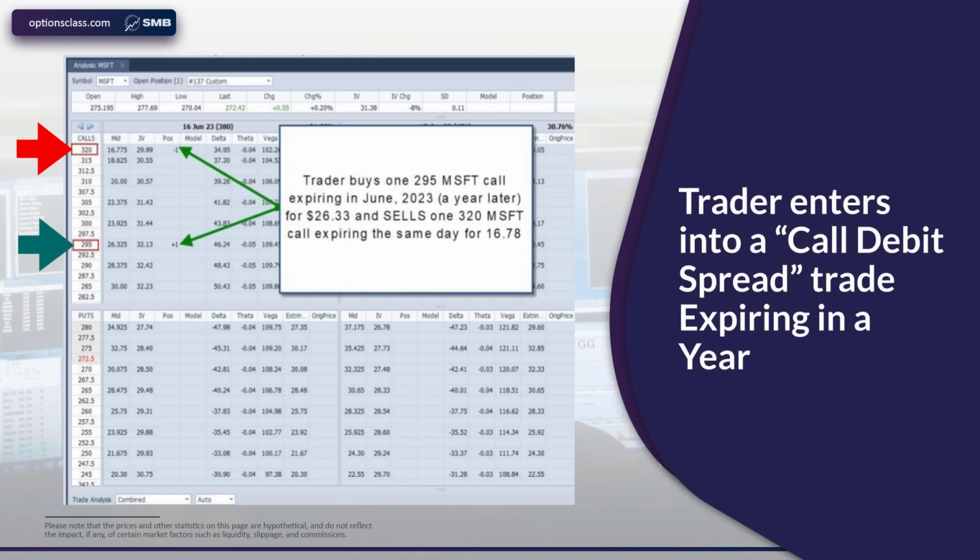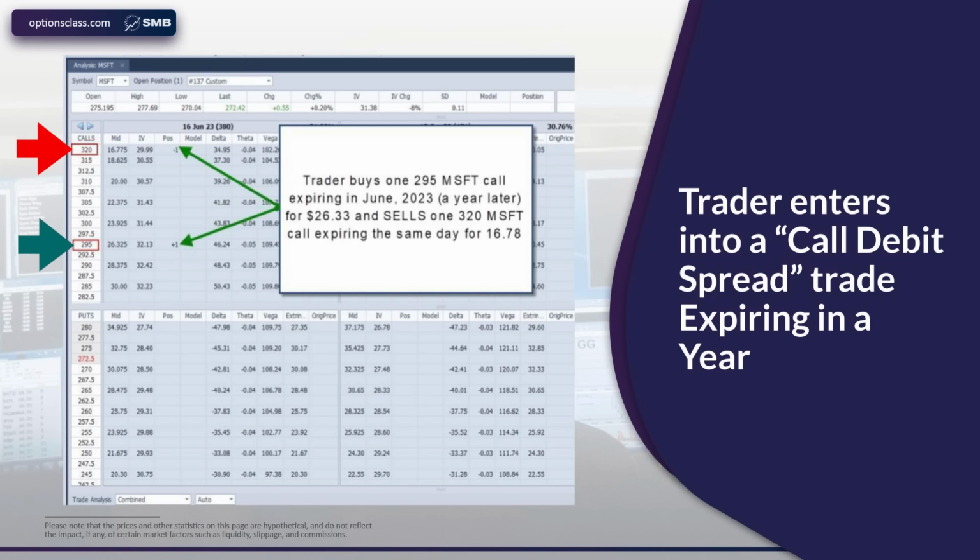Well, when you do that, you are executing what options traders refer to as a call debit spread, where you buy a call because you're bullish, but then higher up that same options chain, you sell a call to cut down the cost of your bullish trade substantially.